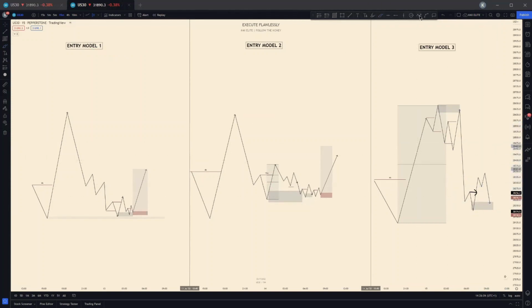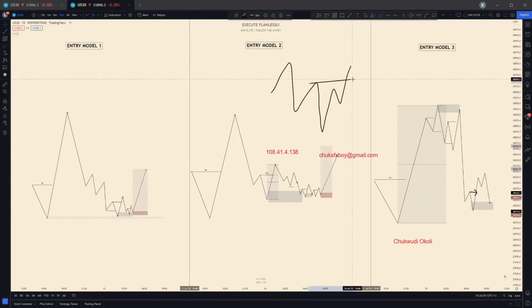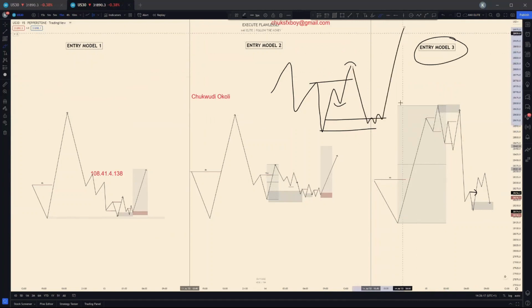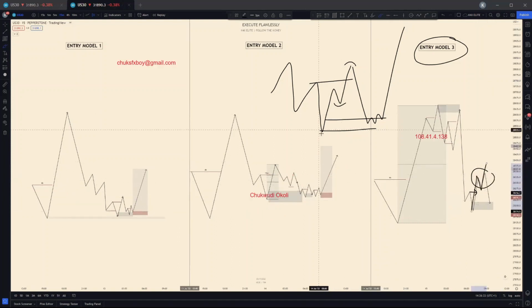But there's another scenario. You get a 15-minute chalk and flip like this. So this is your 15-minute range. This one is also EM3. It looks like this, where it breaks, pullback breaks again, or it's already done a flip and break before.